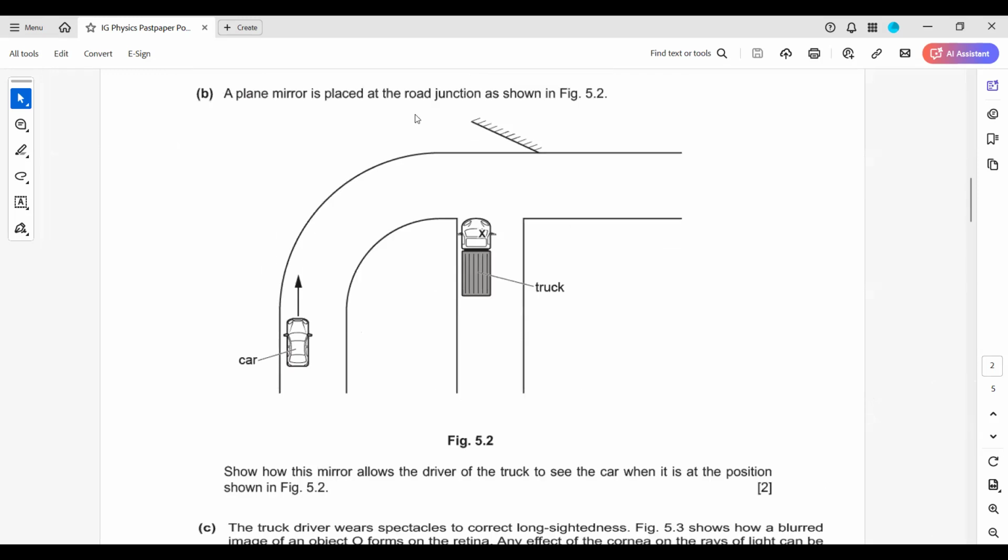You just have to show a reflection, like a reflected ray should be there. You can start from here, but you have to show a reflection. You can draw a ray from here and strike, but the angle of incidence should look the same as the angle of reflection. That's how it could be seen by the reflection of the light.